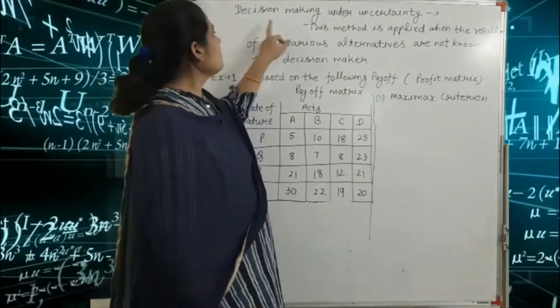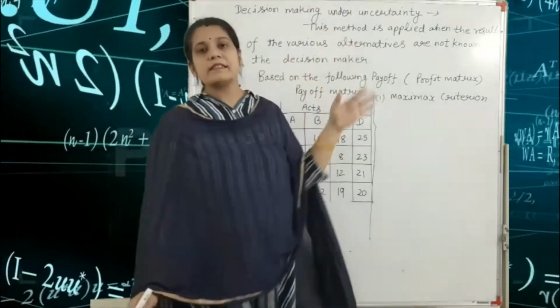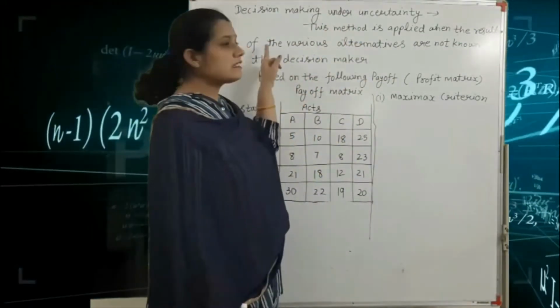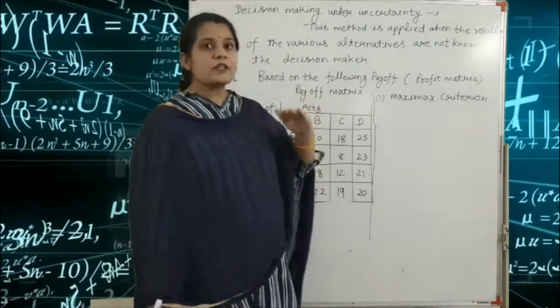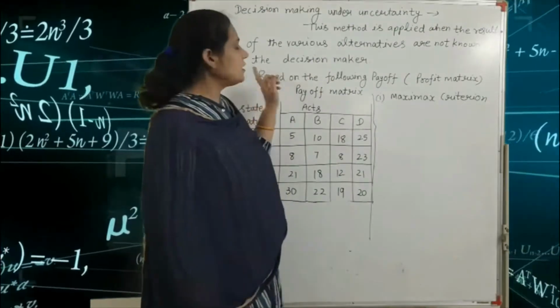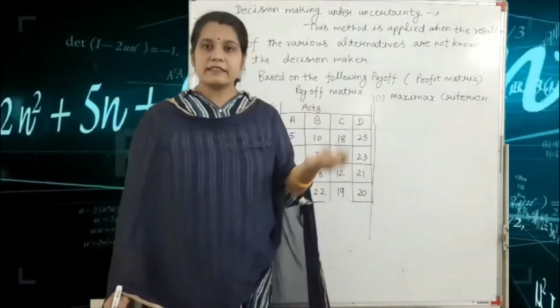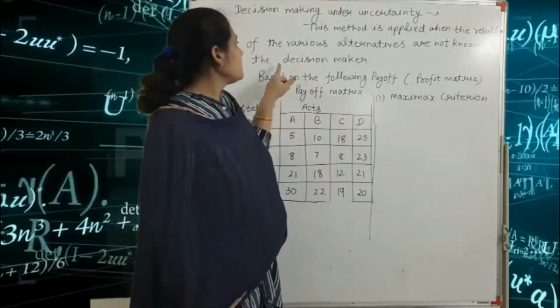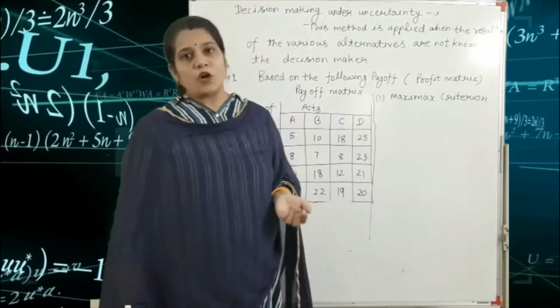Decision making under uncertainty means this method is applied when the results of the various alternatives are not known to the decision maker. We have various alternatives, but the decision maker does not know which is best.